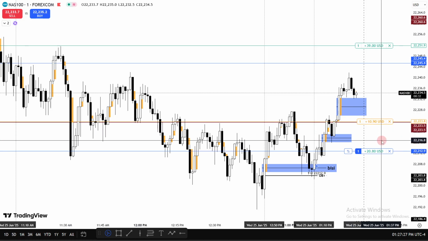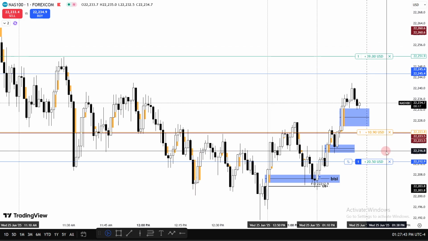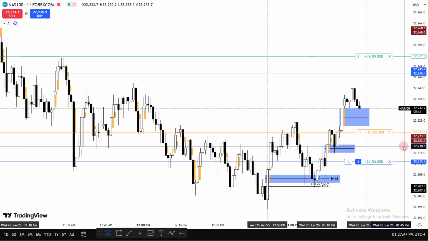This is something I am trying to learn, that any winning position should never turn against you into a loss. That is really very important. You should keep that in mind. That is very much important, guys.